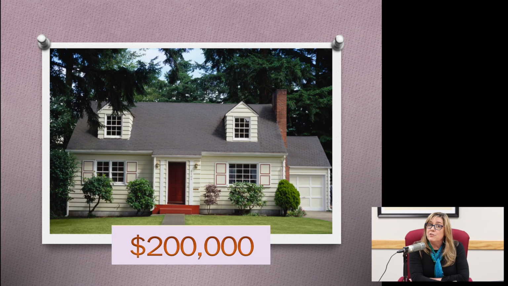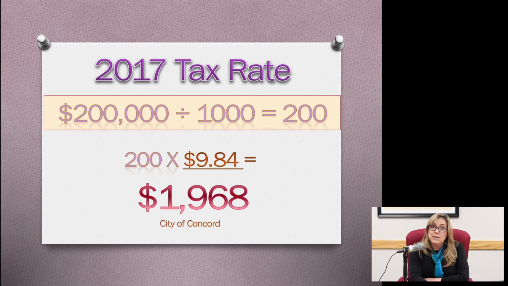Now, we all know that $100,000 house likely doesn't exist in Concord, and it's more realistically probably a $200,000 house. So this is how the math works here. Our 2017 tax rate, it's a $200,000 house divided by 1,000 is 200.